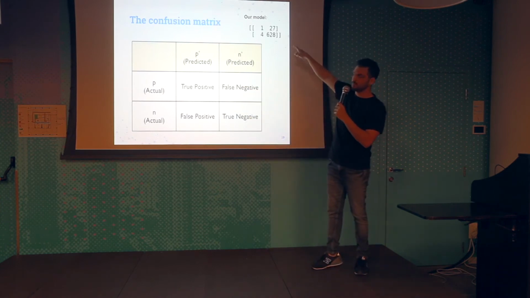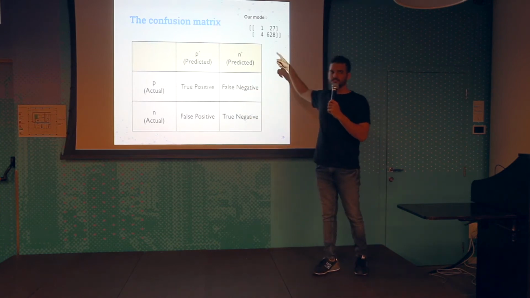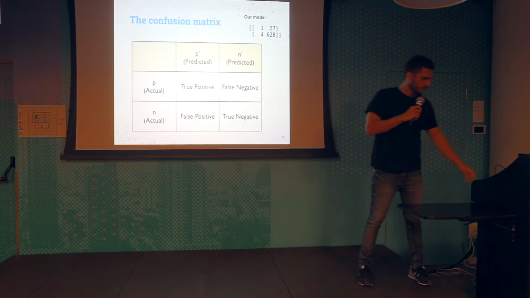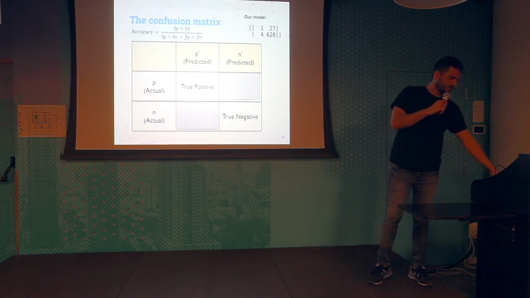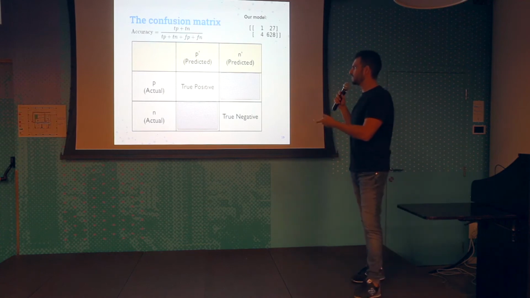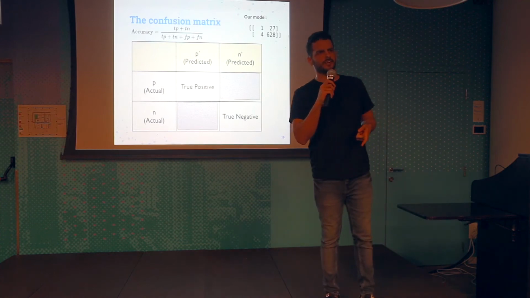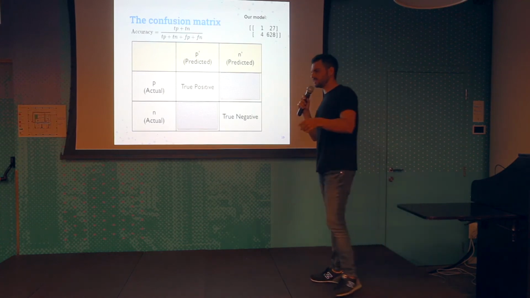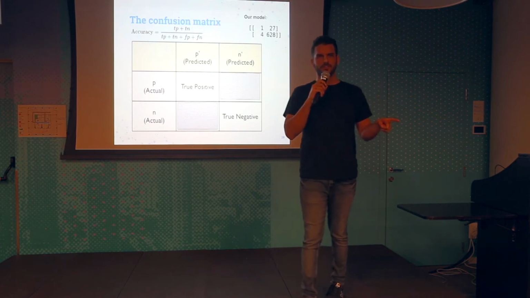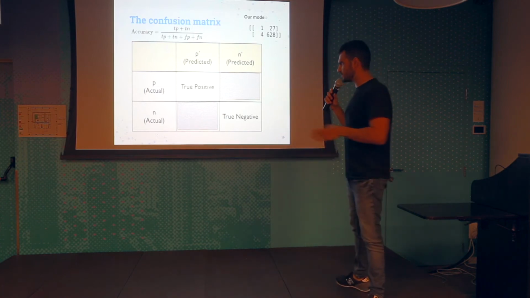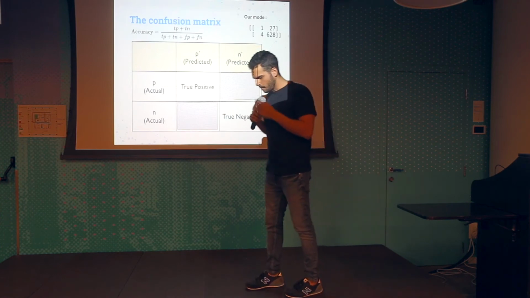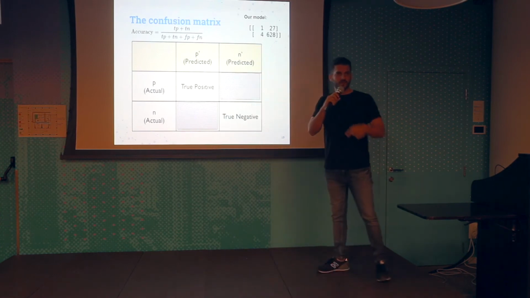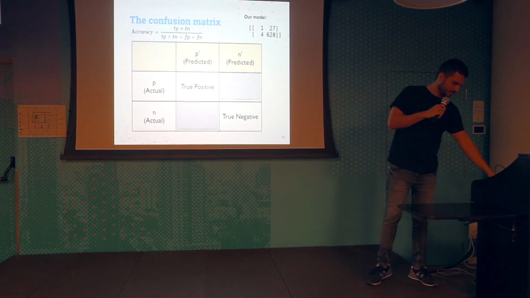This is the confusion matrix from our classifier, just for reference. When we talk about accuracy, we look at the true positives and true negatives, the positive labels that were classified as positive and the negative labels that were classified as negative, and we divide them by the whole thing. That's how we get the accuracy rate.